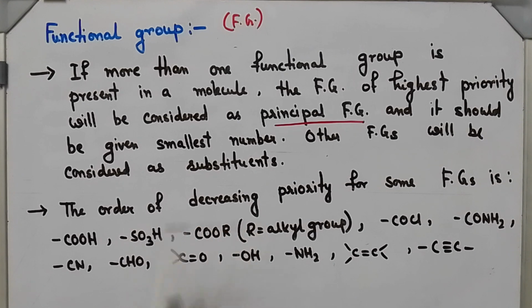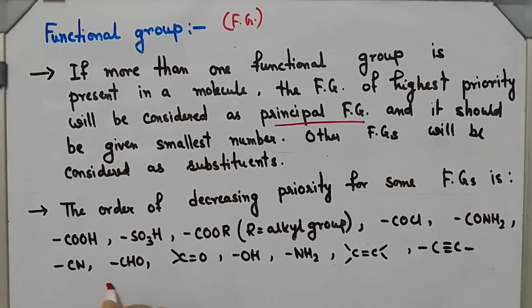Means if in your compound carboxylic acid and alcohol both are present, then carboxylic acid is principal functional group and alcohol will act as substituent. So name of principal functional group will come as secondary suffix.